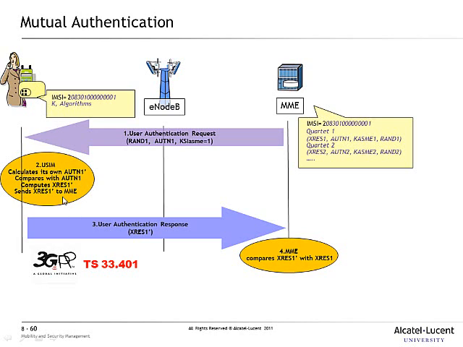Thereafter the UE computes its signed result and sends it back to the MME, and at the MME we compare the signed result that we obtain from the UE with the signed result that we have stored in the network, and if those 2 match, then we've essentially completed the mutual authentication of the UE.